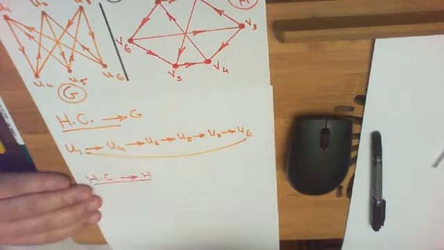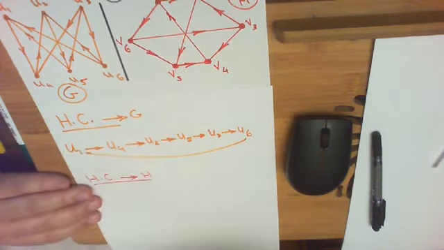Okay, again, V1, V6. Nice. Where do you have to go? I go to V3 or V5. If I go to V3 and then follow to V4, I can't complete.